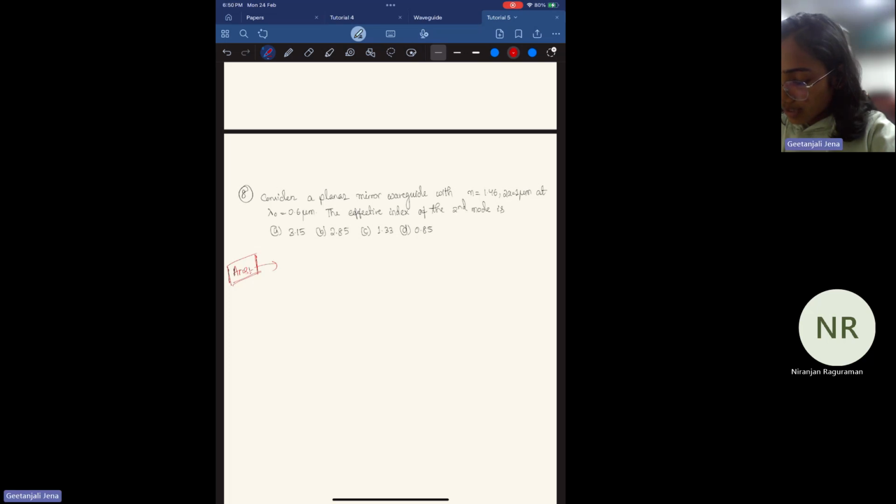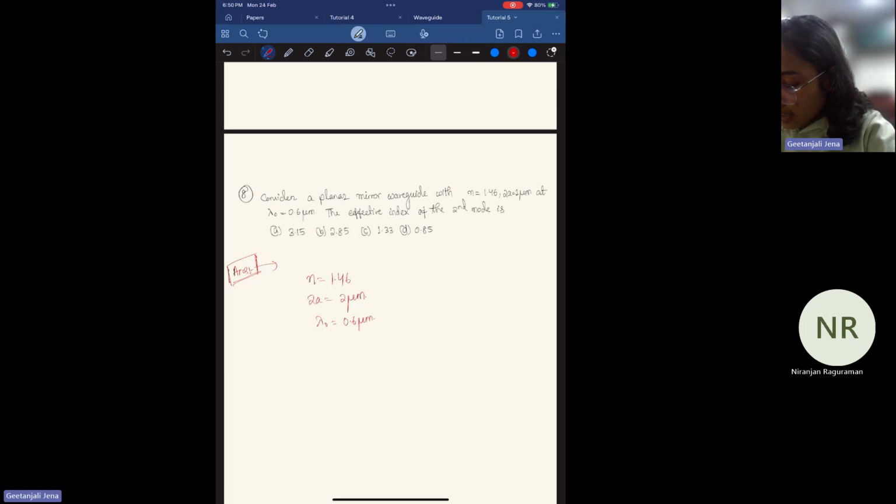So let us see what question 8 says. Consider a planar mirror waveguide with refractive index n1 of 1.46, 2a is 2 micrometer, at wavelength lambda 0 of 0.6 micrometer.